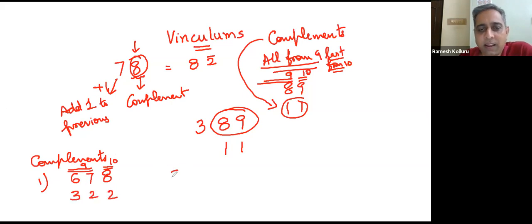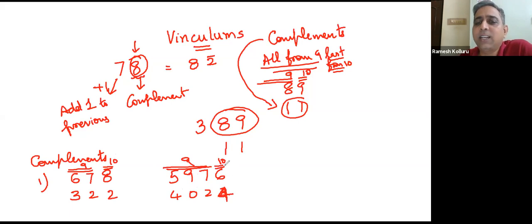Next, 5976: these three digits from 9, last digit from 10, so 4024. The last digit is to make 10, so you have to add such that you are getting 10 here. Many people know about this concept, so I'm going ahead.